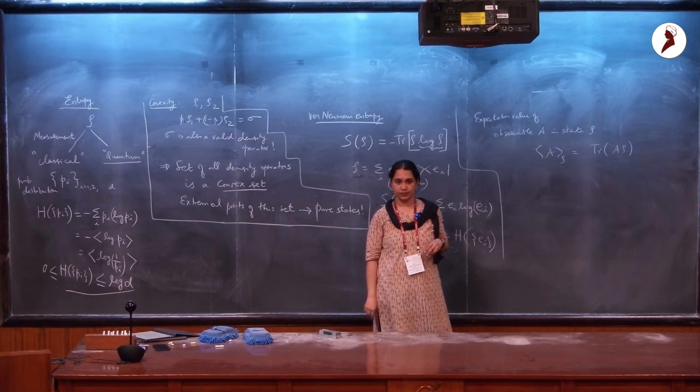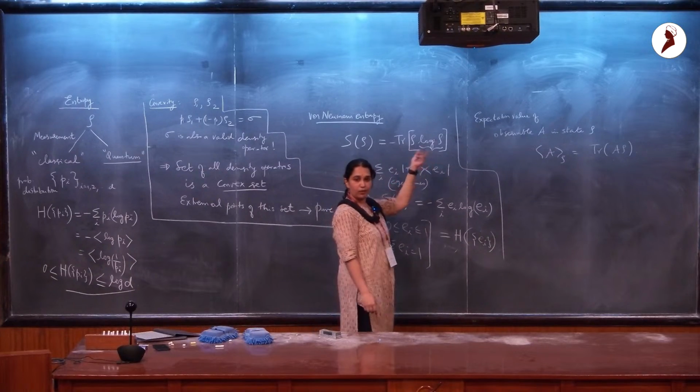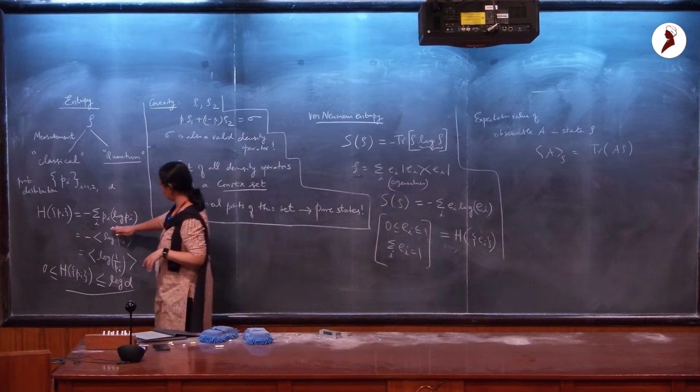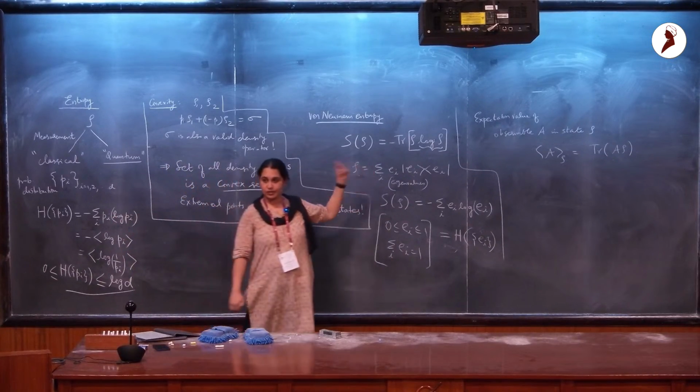Yeah? So you're essentially doing the same thing here. You're again computing the expectation value of the log with respect to the density matrix rho itself.